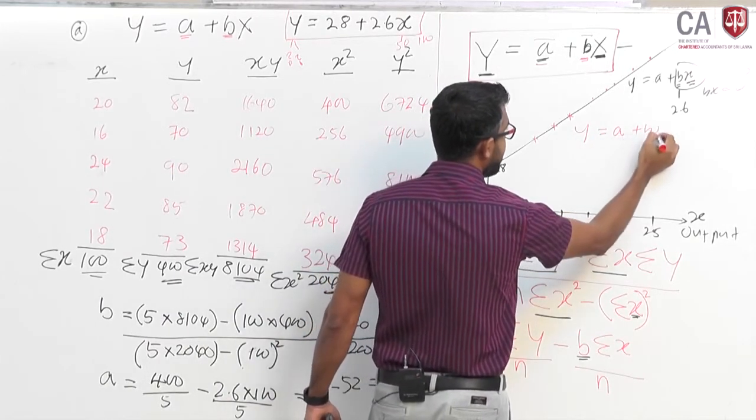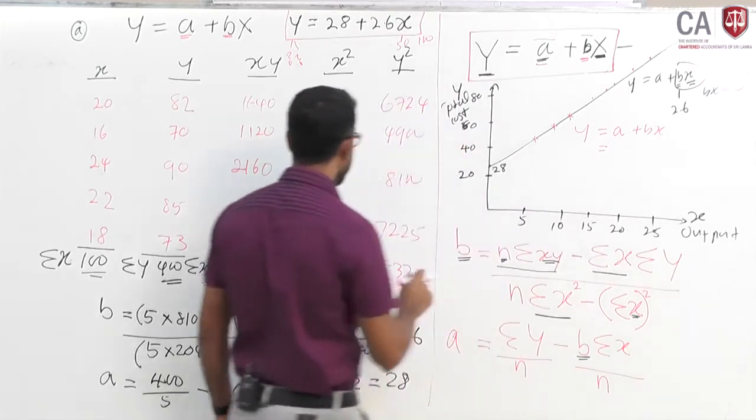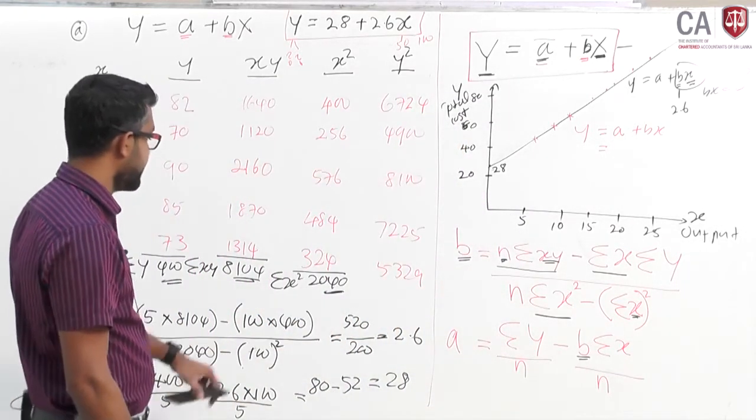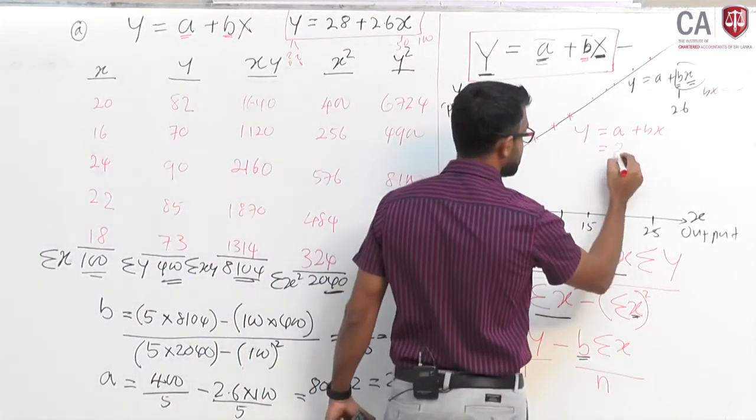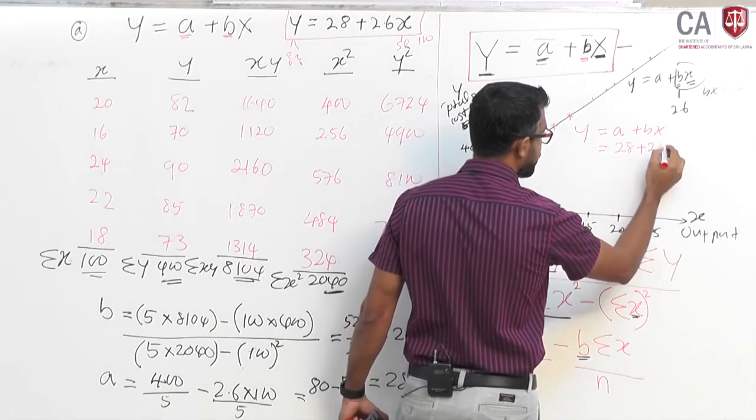A plus bx. A we have calculated as 28. B we also need, 2.6.